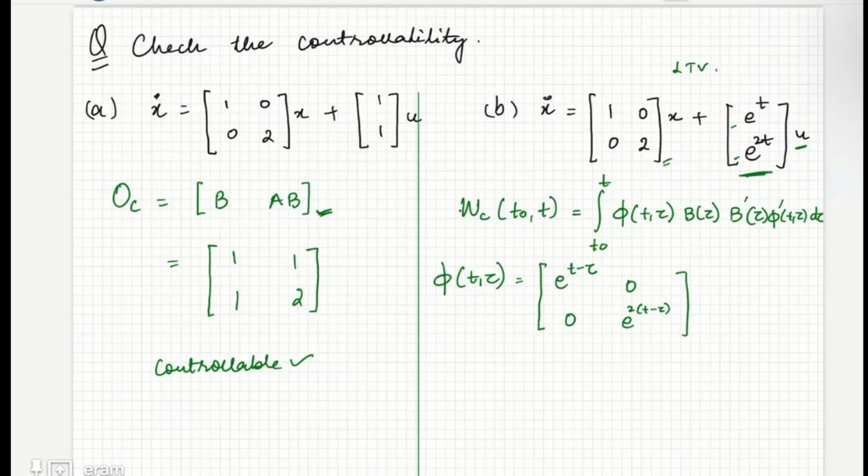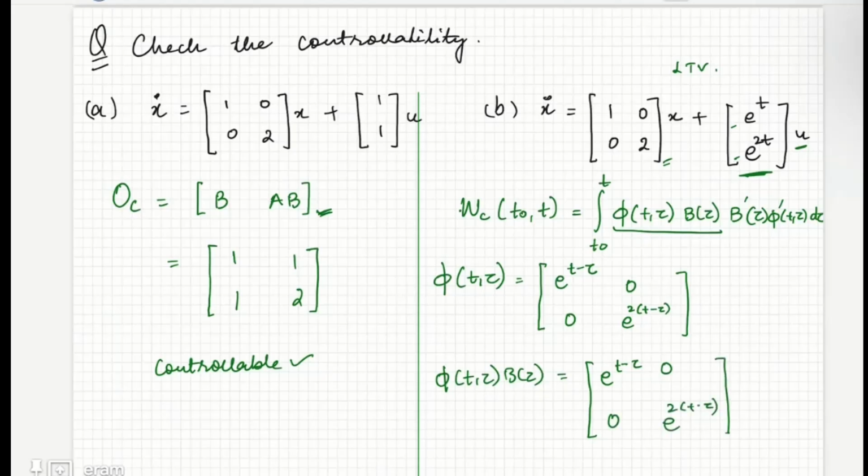All right. And then we have to find this product. So let's find this product, which is phi(t, tau) into B(tau), and it is also very easy to calculate. It is 0 0 and then e^tau, 2e^tau.